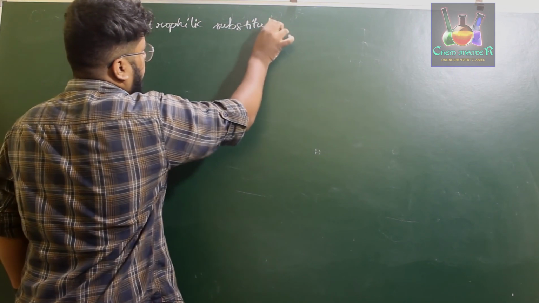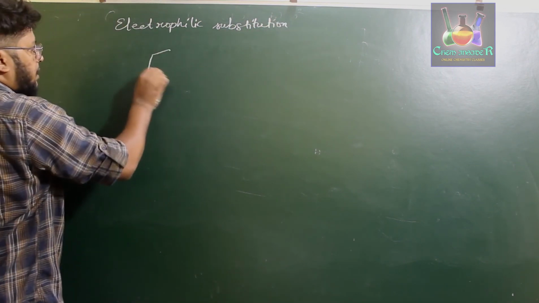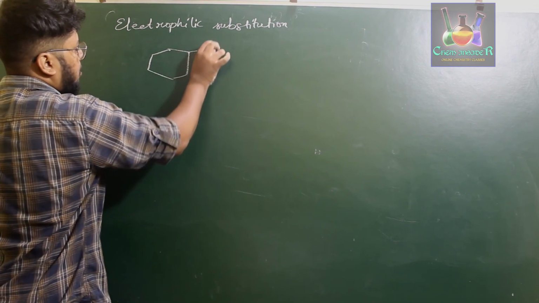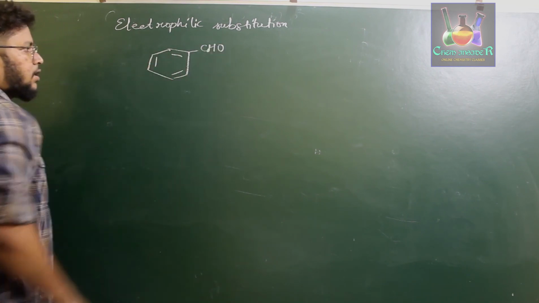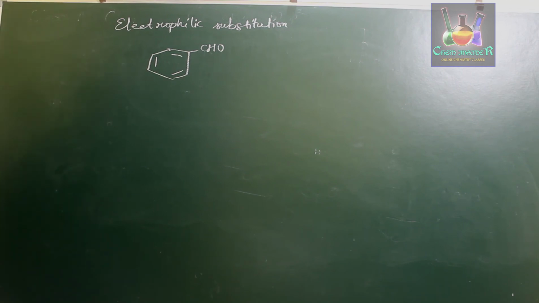So the CHO group present on the benzene ring is an electron deactivating group.